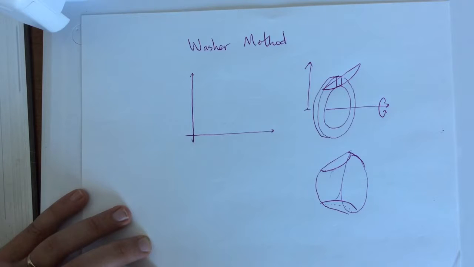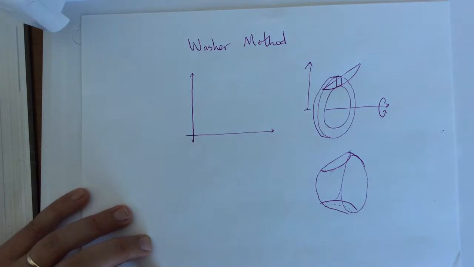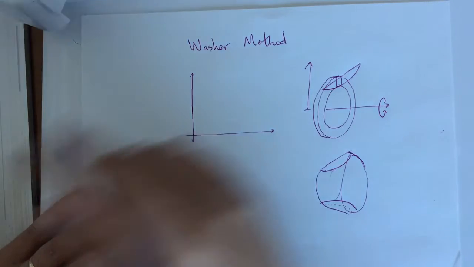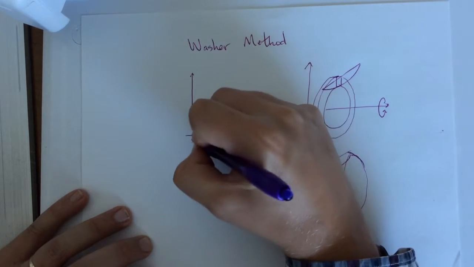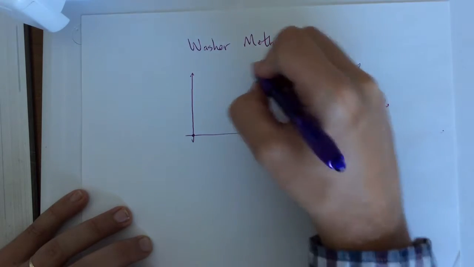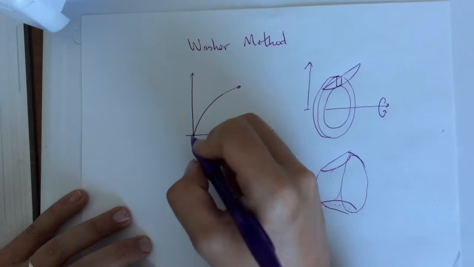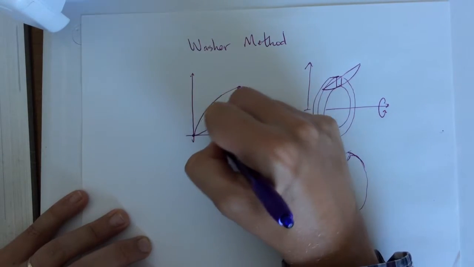In my textbook, this figure is not given by a function. Let's do the functions. Let's do an area bounded by the functions y equals square root of x and y equals x squared.